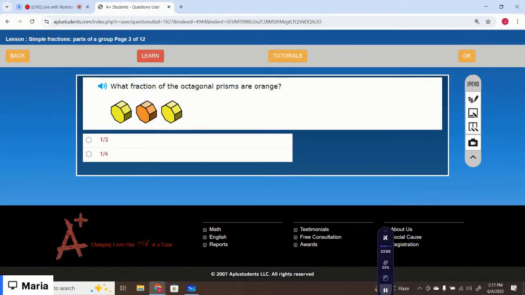What fraction of the octagonal prisms are orange? So we have three octagons. One of them is orange, so that is one out of three.